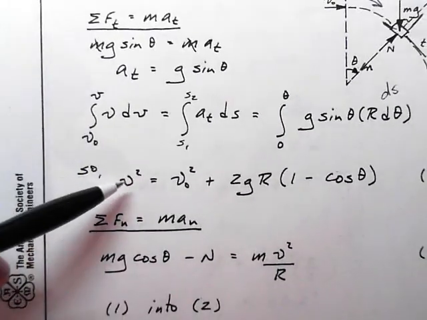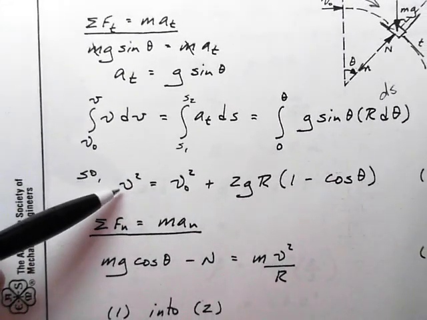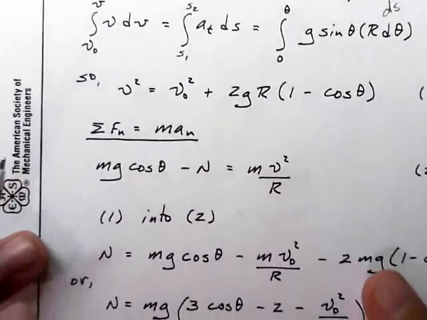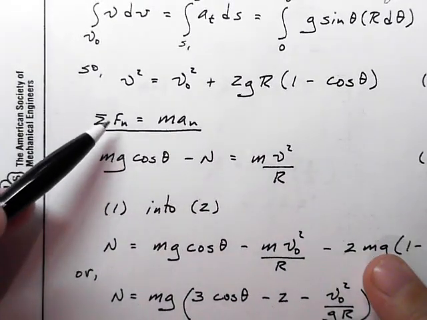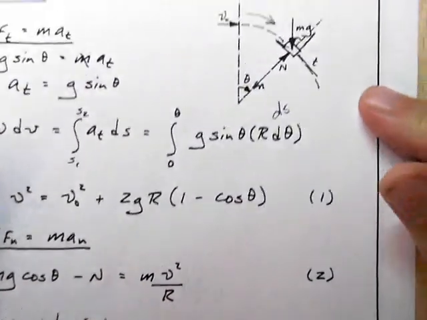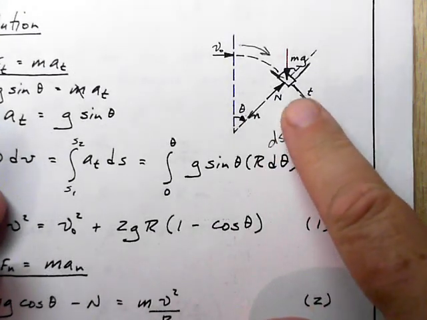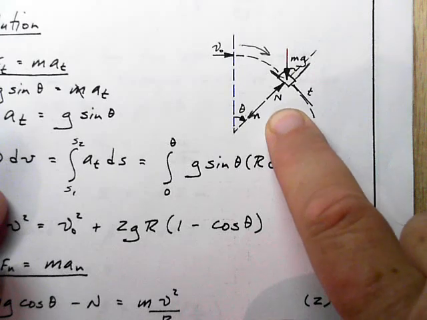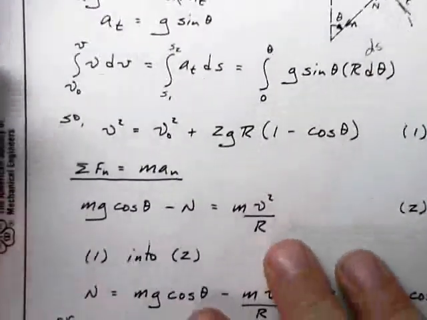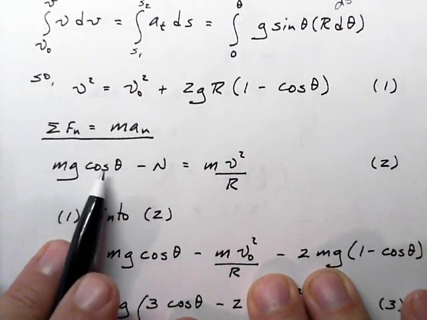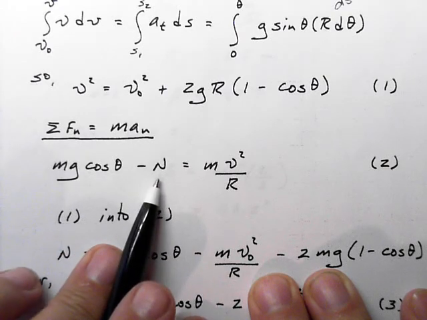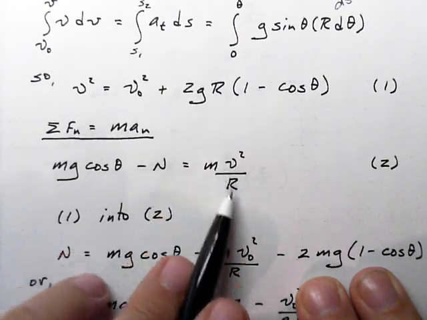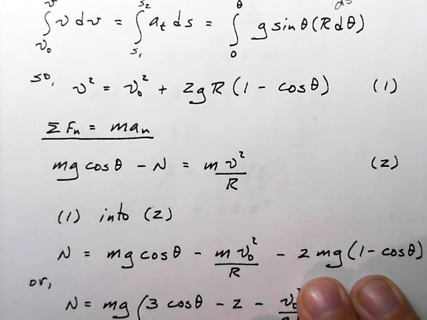Now that we have a means of finding velocity at the point of interest, we will sum forces in the normal direction at that point of interest. Looking at the free body diagram, normal forces will include a positive piece of gravity and a negative normal force. So positive mg cosine theta minus the normal force is equal to mv squared over rho.